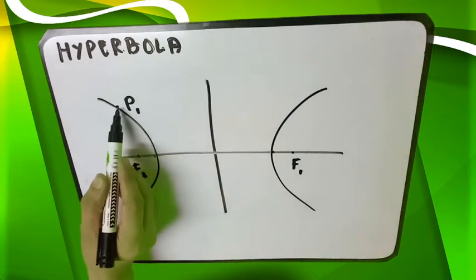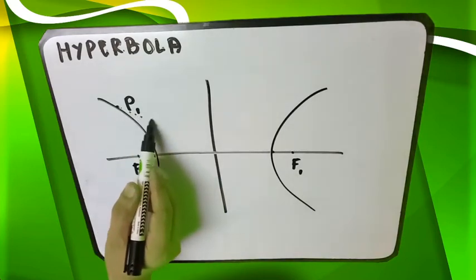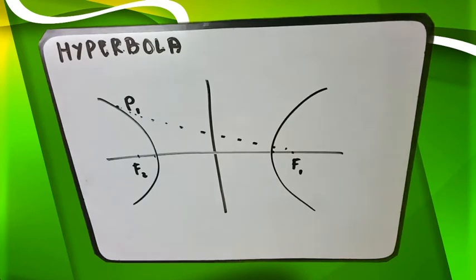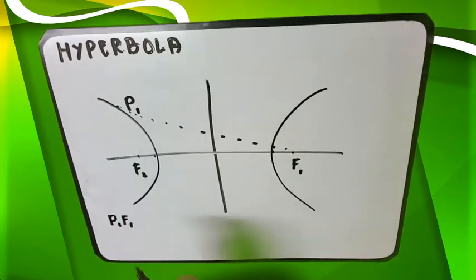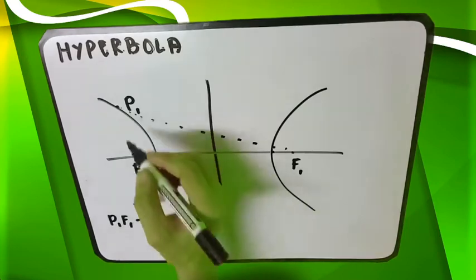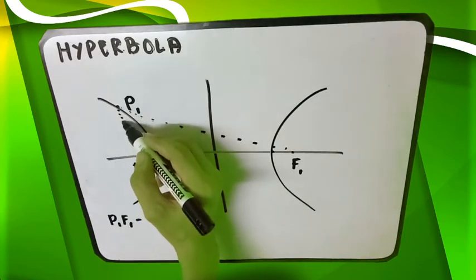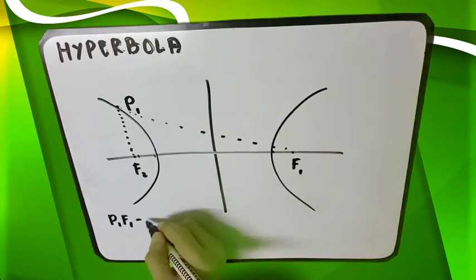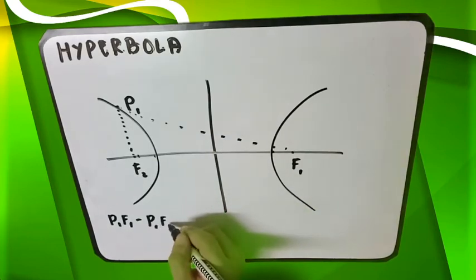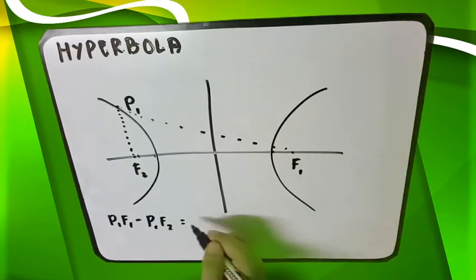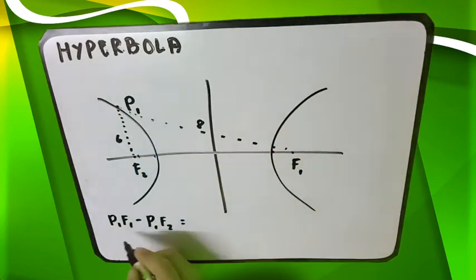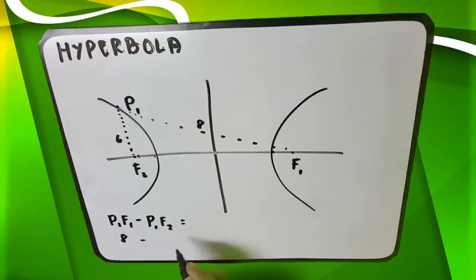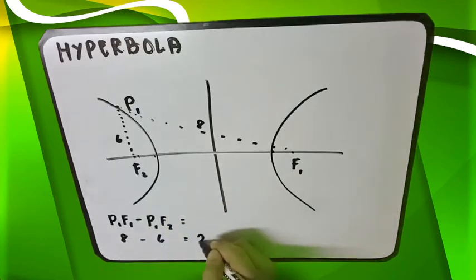Halimbawa daw, yung distance from P sub 1 to focus 1, bawasan natin ng distance from P1 to focus 2. Halimbawa, ito ay 8 at ito ay 6. So kung ito ay 8 at ito ay 6, so ang difference niya ay 2.